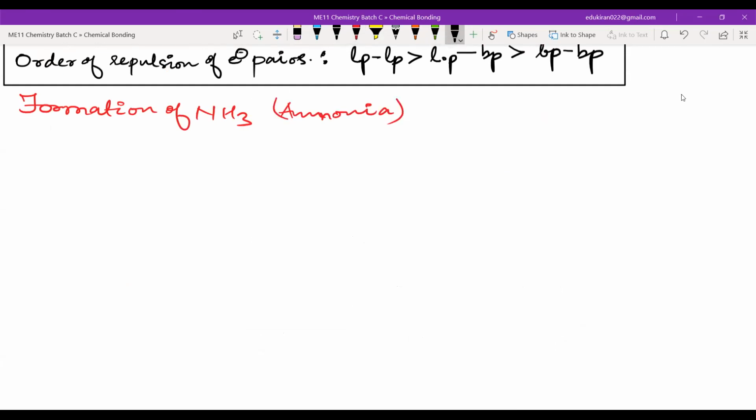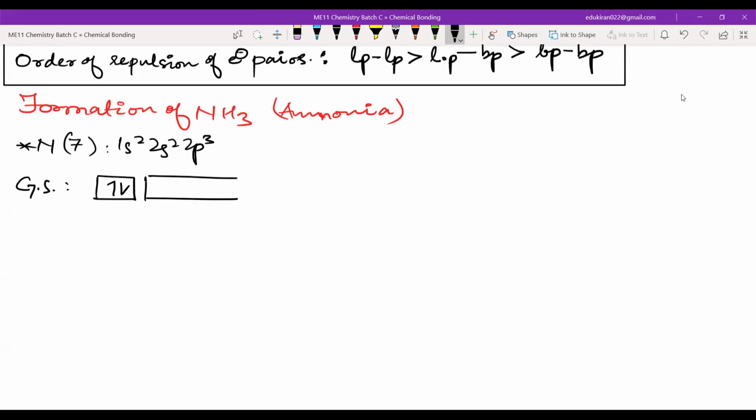First of all, we will write nitrogen, atomic number 7: 1s2, 2s2, 2p3, in the ground state. So how many sigma bonds does nitrogen form in NH3?